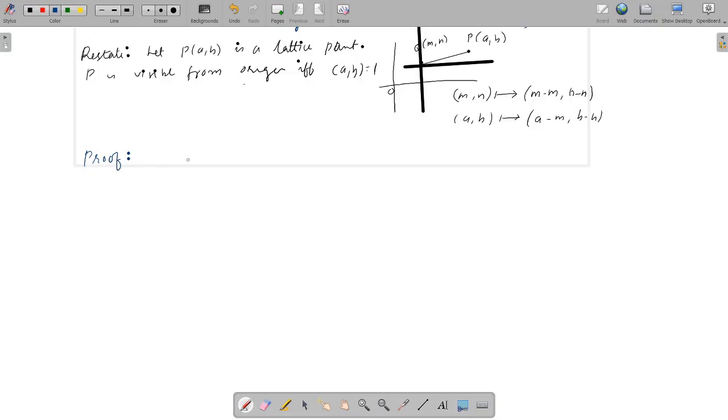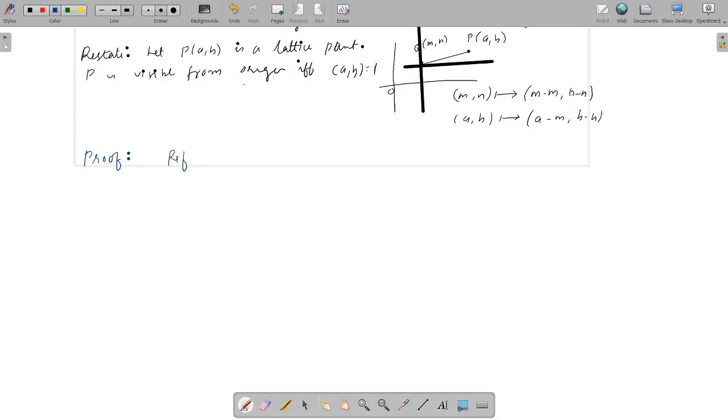For the proof, firstly revise some results from analytic geometry, the equation of lines.